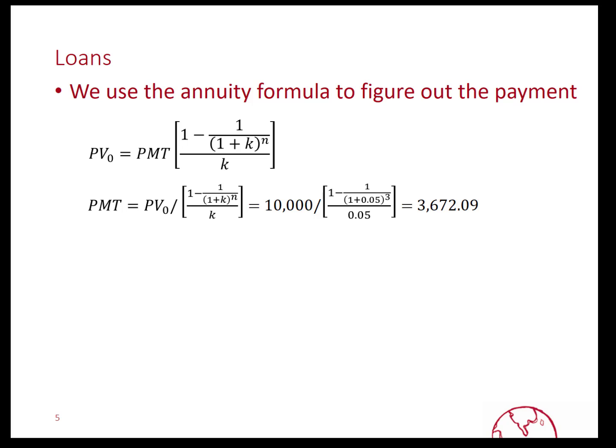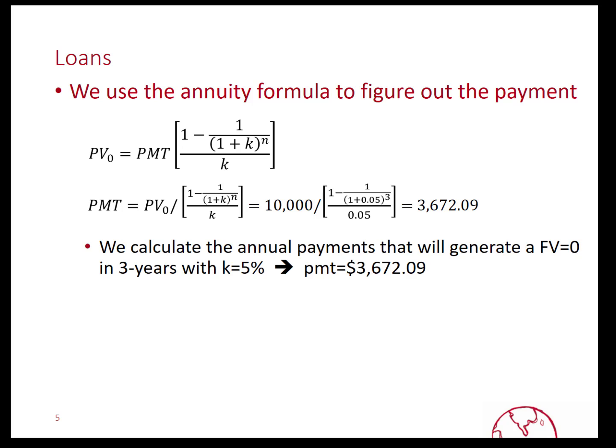That's because a quoted rate of 5% payable annually and compounded once per year is the same as an effective rate of 5%. The number of periods n is the number of years, 3, and plugging the input $10,000 as the present value, we calculate that our equal payments are going to be $3,672.